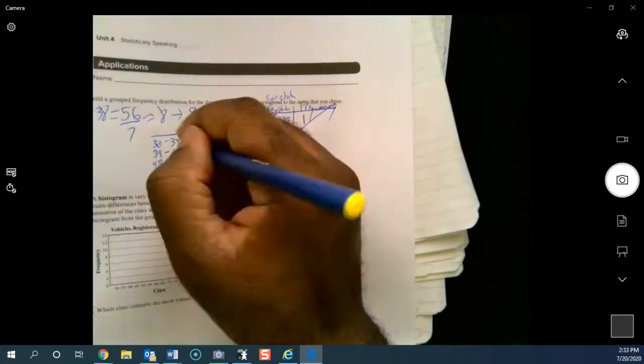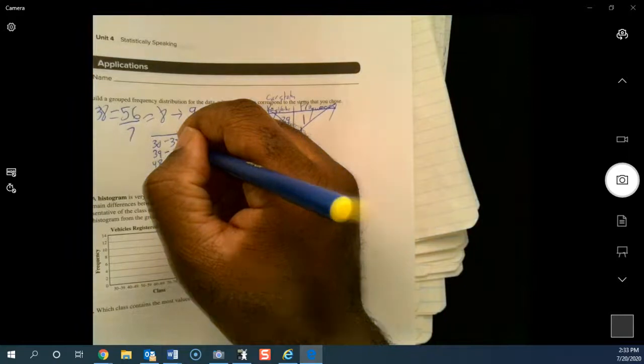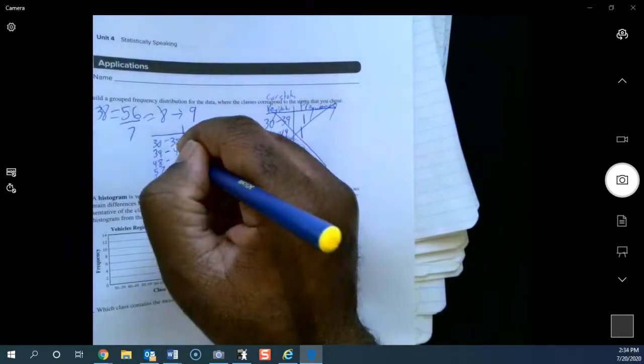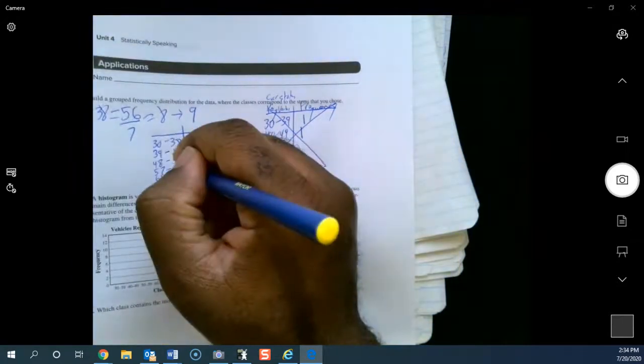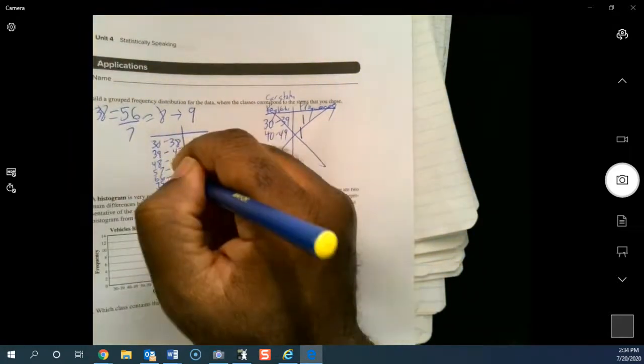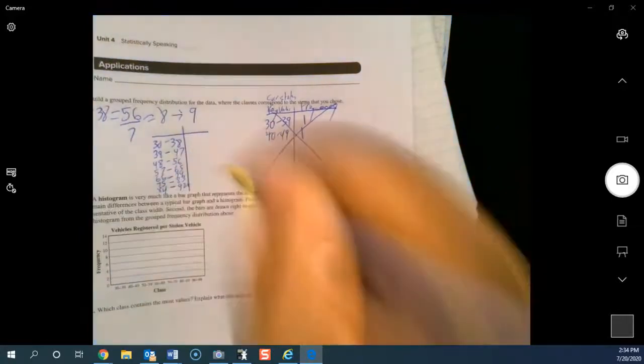We'll keep adding 9 here. 47 and 9 would be 56, 65, 74, 83, 92. Okay, I am slightly off here.